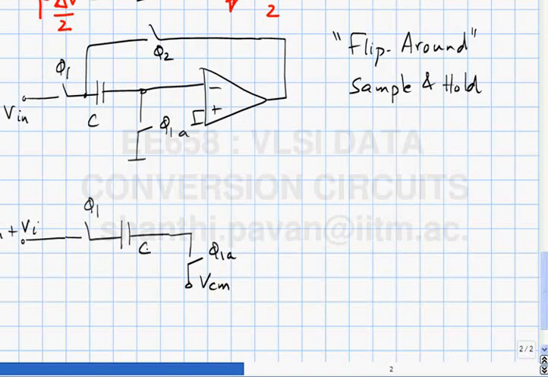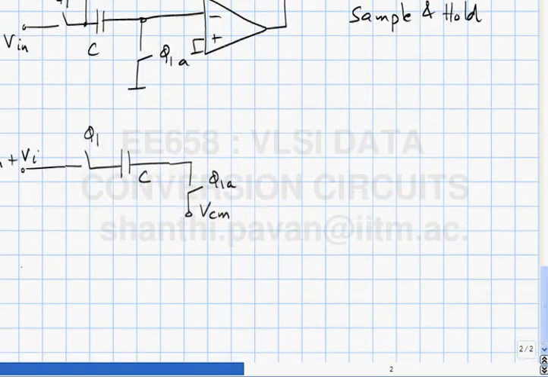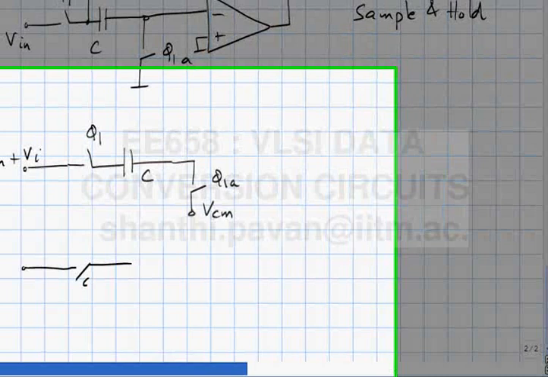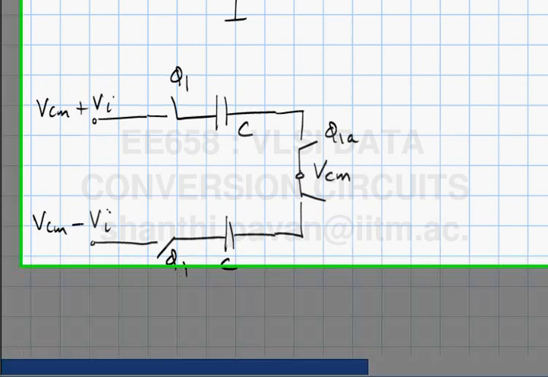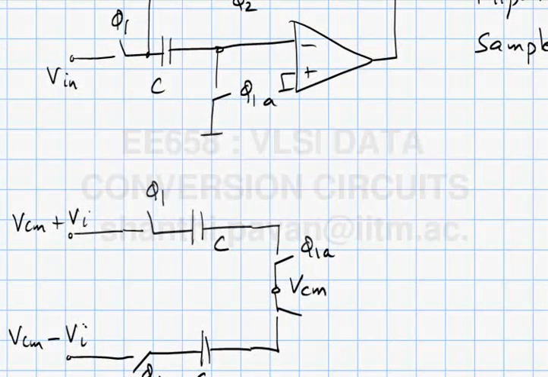Okay, so this is C, phi 2, this is C, this is phi 1 again, C.